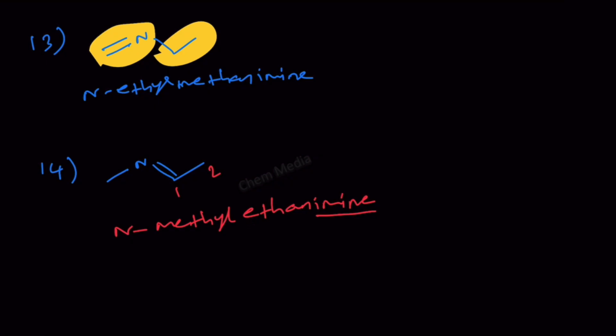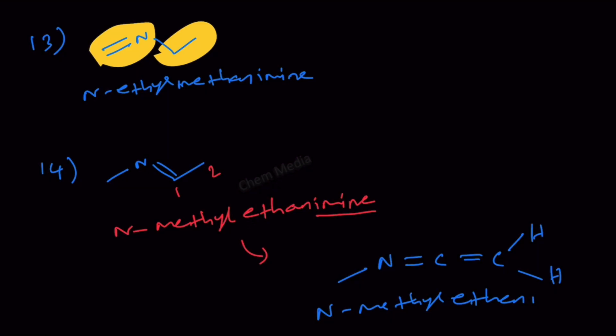For this particular isomer, do not write it as ethenimine, because if you write it as ethenimine, then what it means is this structure, methyl group nitrogen and then double bond carbon and then double bond again carbon and then 2 hydrogens. So in case you are writing N-methyl ethenimine, then you are meaning this structure, not this one. These two are not one and the same, isn't it? N-methyl ethanimine, that's the correct IUPAC name for isomer 14.